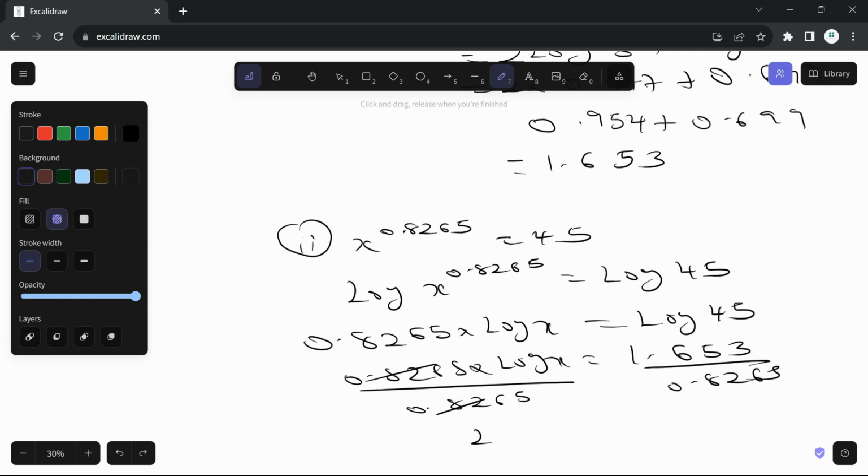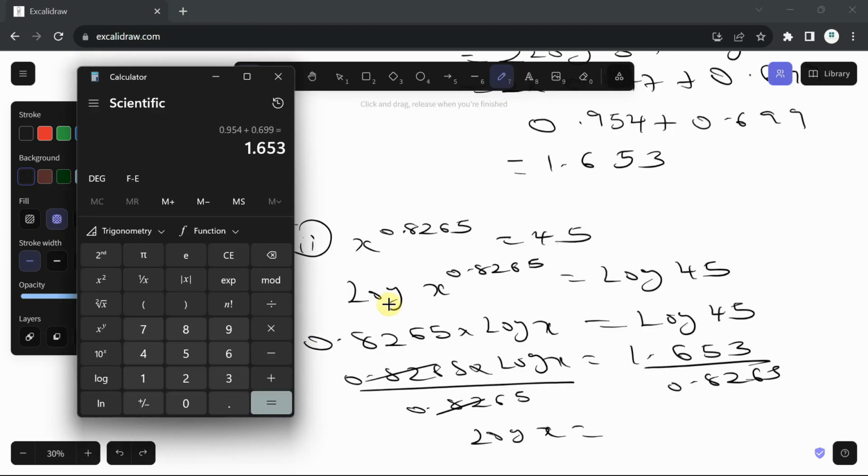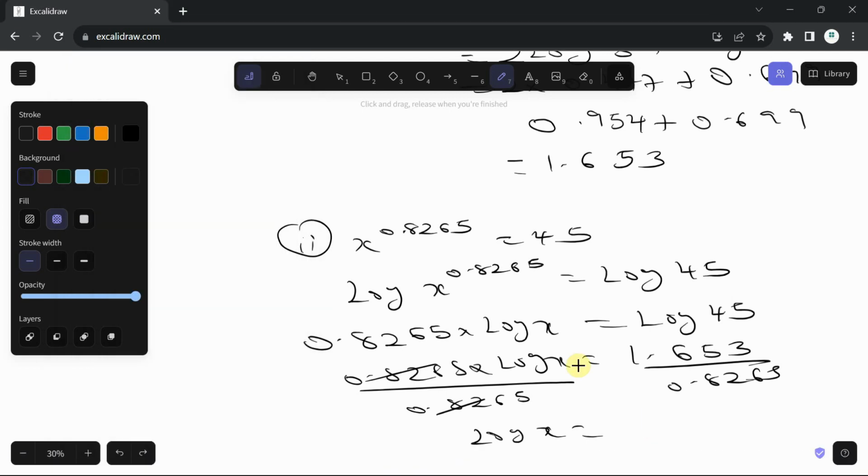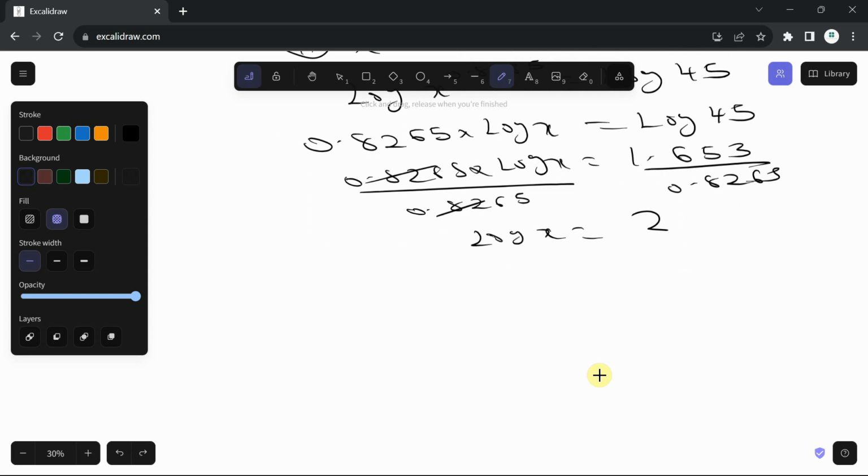We'll be left with only log x here. Let's see what the other part will give us. That will be 1.653 divided by 0.8265. So this will be 2. So at the end of the day, we have log x is equal to 2.